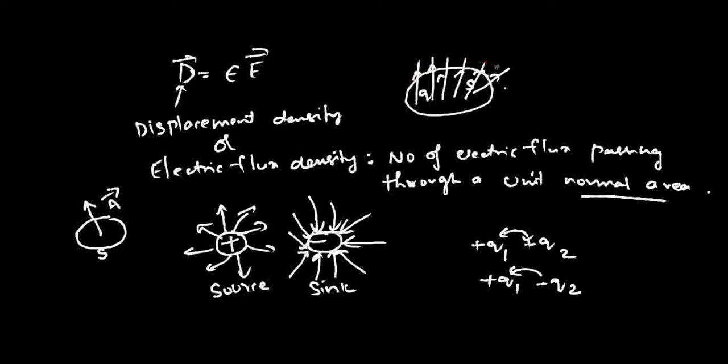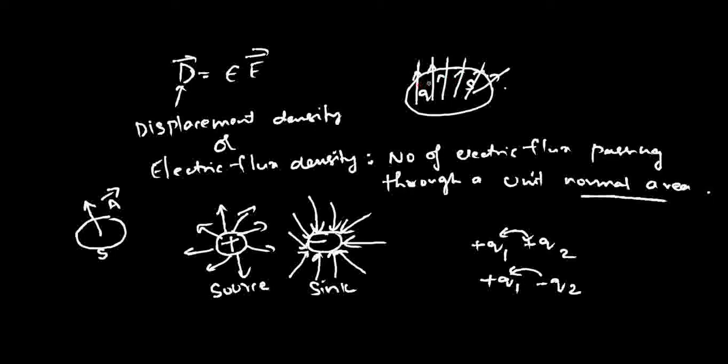In order to understand the effect of the charge in its vicinity, we interpret the field in terms of some lines of flux. Don't think that there is some gap between these lines. This is a physical interpretation, so do not mistake it as some gap between the lines, or ask what should be the distance between the lines, or what will happen if these lines are far away or close to each other. This is just a diagrammatic representation of the lines of flux, and you need not worry about the distance.